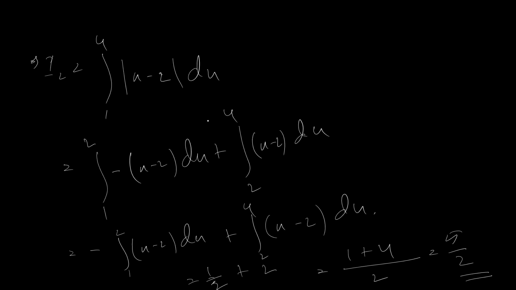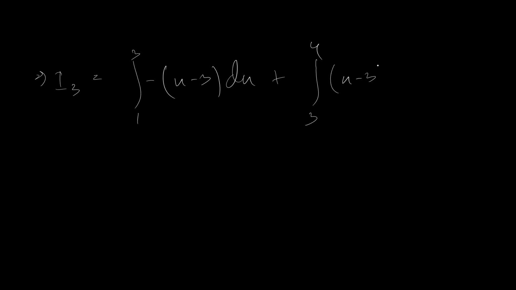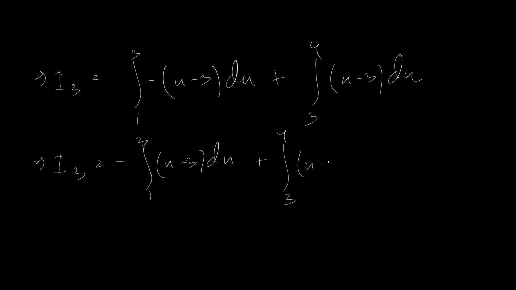From 1 to 3 it will be the negative function, minus (x minus 3) dx, plus from 3 to 4 the positive function. So I3 is equal to minus integral 1 to 3 of (x minus 3) dx plus integral 3 to 4 of (x minus 3) dx.